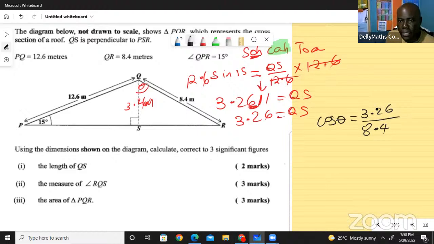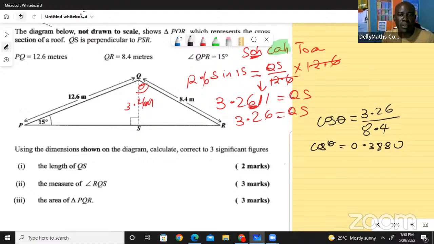All right, so basically then, I'm having here that the cos of the angle is 0.3881.